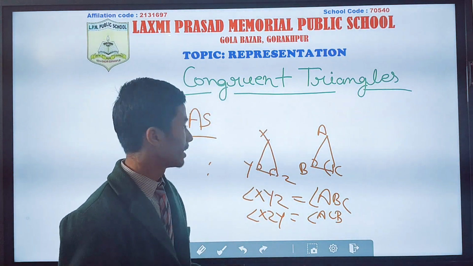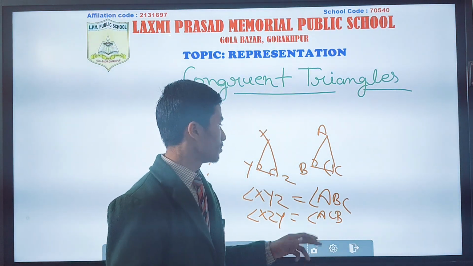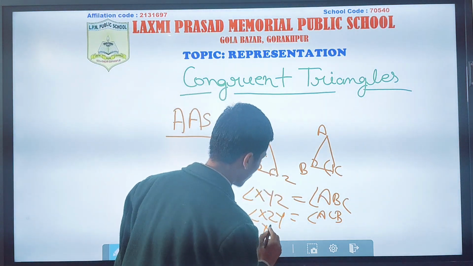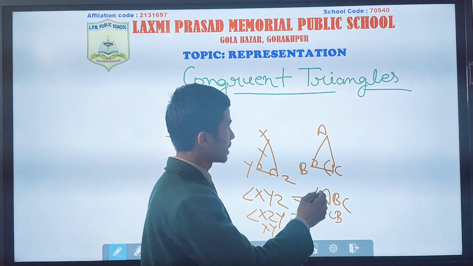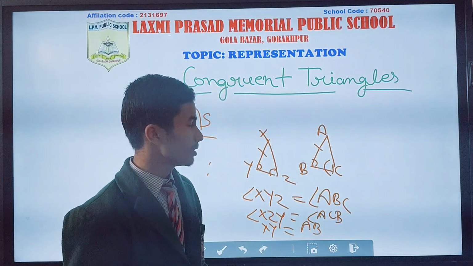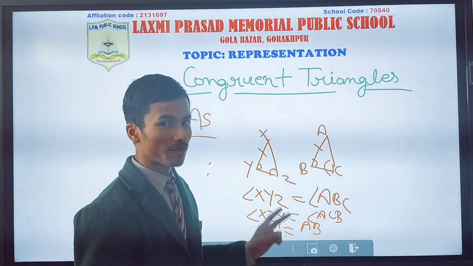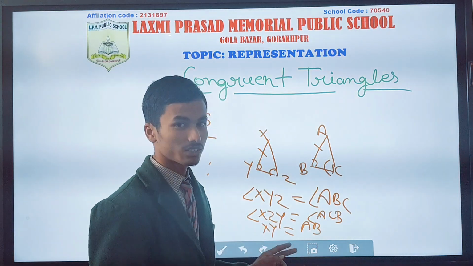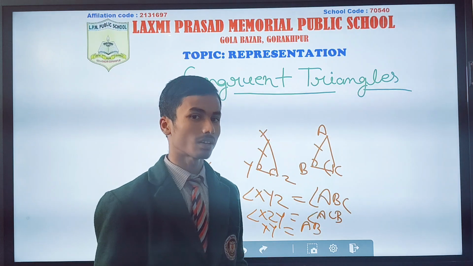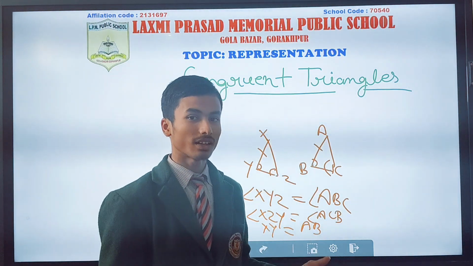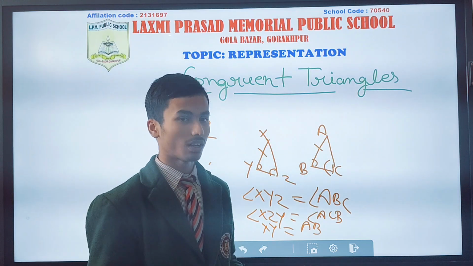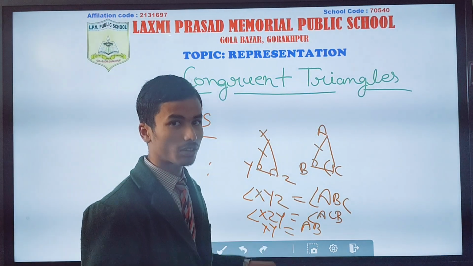And the third, any side, can be equal by the criteria. Let's say side XY is equal to the corresponding side AB. So these triangles are said to be congruent if any two angles are equal in measure to the corresponding angles of the other triangle, and one side is equal to the corresponding side.